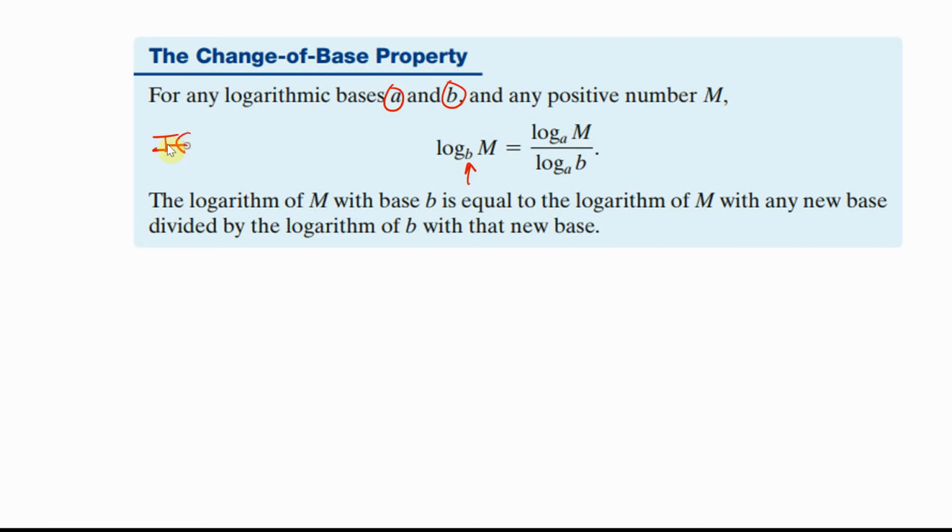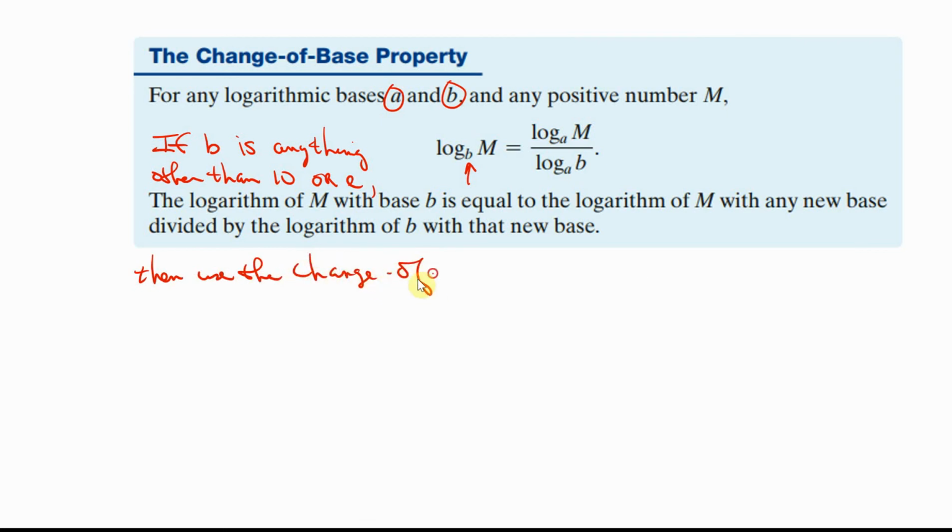So if b is anything other than 10 or e, then use the change of base property. It's a formula, and we just use it directly.